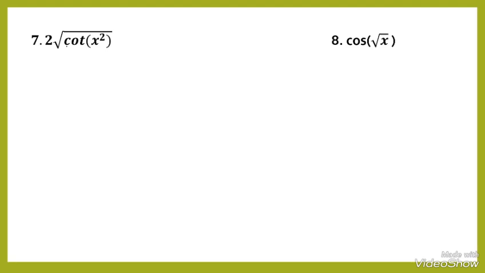2 into cot of root of cot of x square. So, let's consider the function. Let f of x is equal to 2 into root of cot x square. Again differentiate with respect to x. f dash of x will be, take 2 as a constant, applying the differentiation d by dx of root of cot x square.